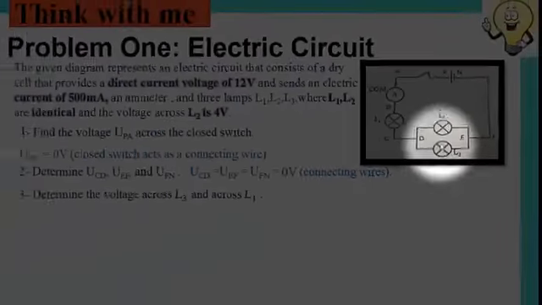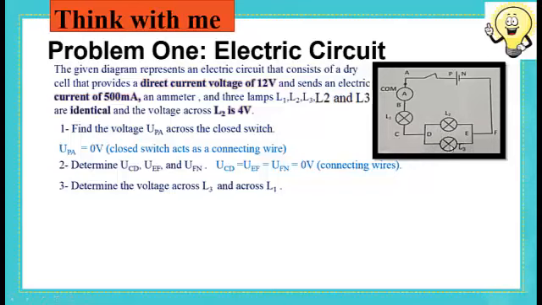So these 2 lamps, as you can see, are connected in parallel, sharing the same terminals, so they have the same potential difference. And we can simply say that they have the same voltage according to the law of uniqueness of voltage in parallel connection.